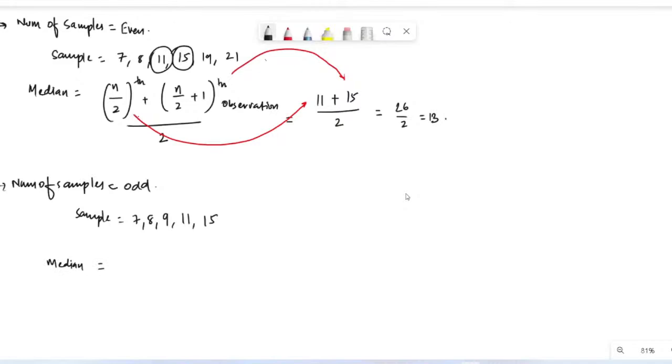When it is odd, it is pretty simple: you just take the middle term, the n by 2th position.